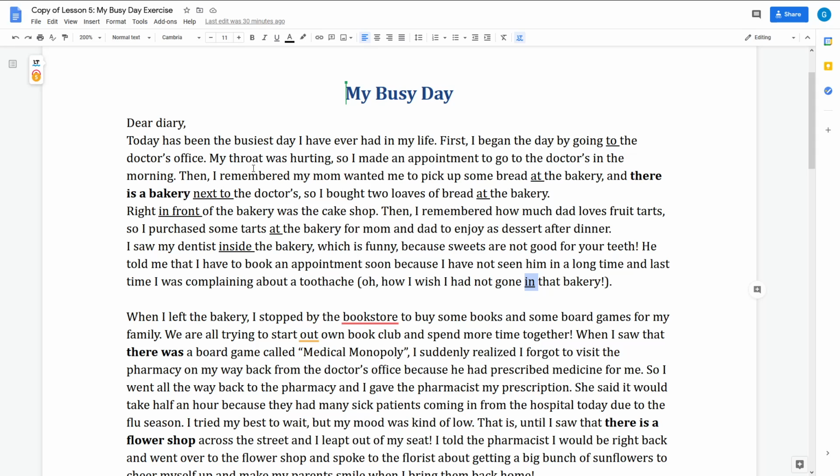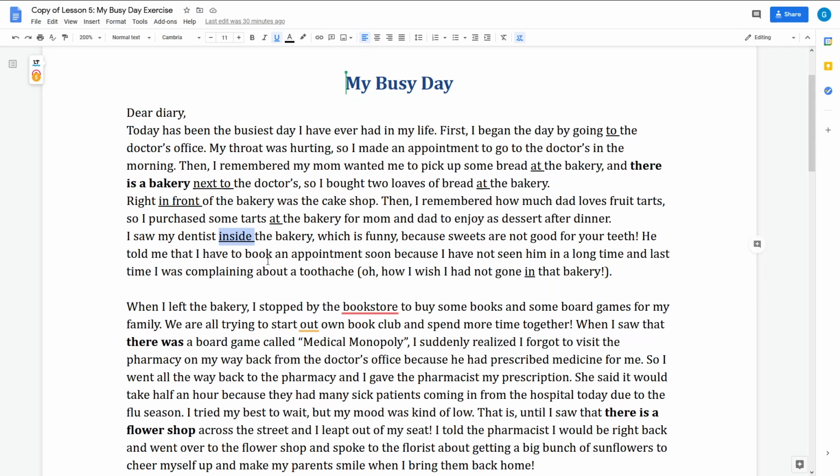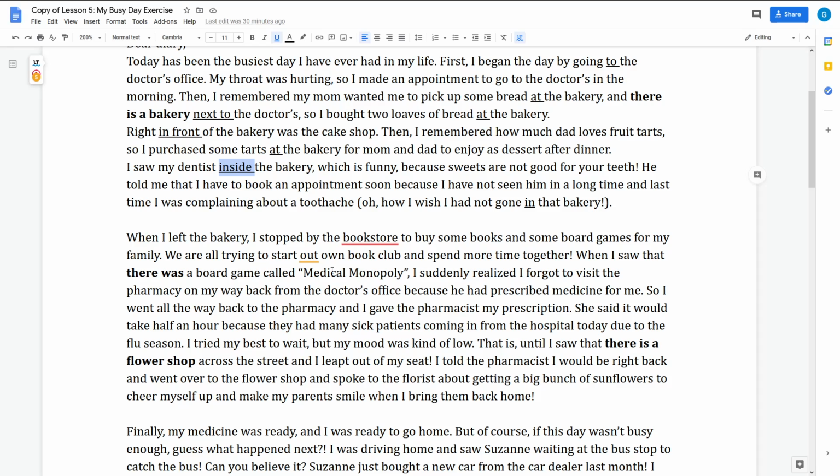That's the first paragraph with some of the prepositions underlined. Can you continue and underline other prepositions in the rest of the document? I stopped by the bookstore. Many prepositions are not for position or movement, so don't worry too much if you find some prepositions that don't talk about that. Okay?